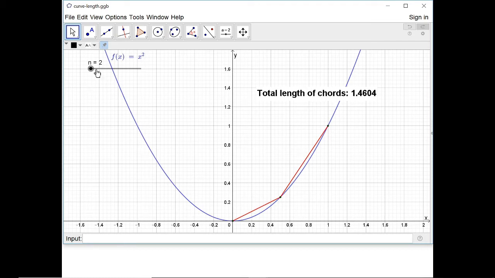And the total length of those 2 chords, you can see that it's gone from 1.41 something to 1.46 something here. And I can continue to add in extra chords and subdivide this length up. And as my number of chords increases, the total length of the chords is getting closer and closer to what the actual length of the arc would be.